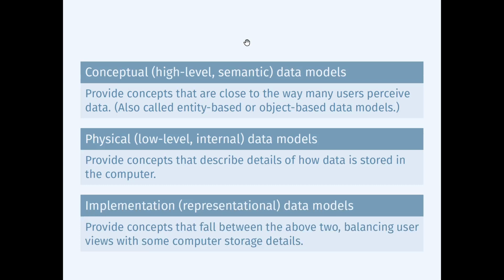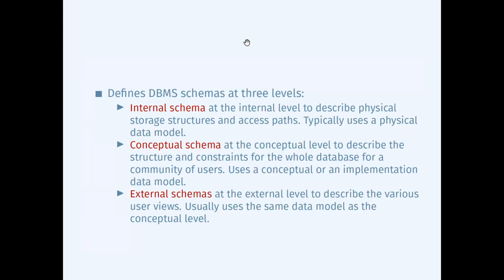So the three levels are internal schema, which means the physical storage structures and access paths, especially in relational data model, where we can talk about the indexes. Then conceptual schemas, which we use for conceptual level, and then external schemas, which we call the external level, where we can describe different views of the data.